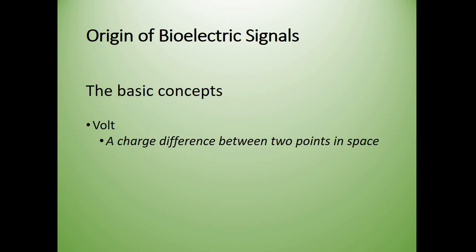Now, these biopotentials are actually associated with nerve conduction, brain activity, heartbeat, muscle activity, and so on, to name a few. The biopotentials are ionic voltages produced as a result of electrochemical activity of certain special types of cells.